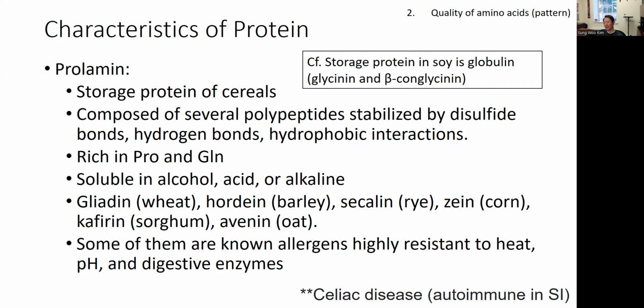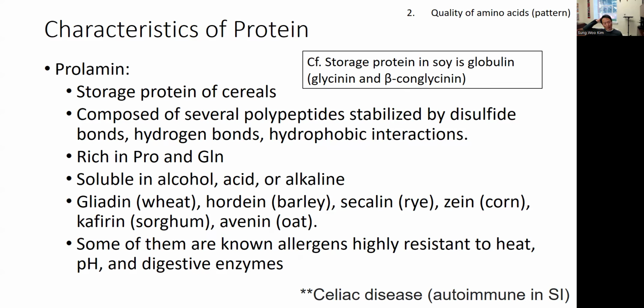So in the case of humans, something called celiac disease, an autoimmune disease, happens in the small intestine. That is mainly caused by the allergenicity of the prolamine.